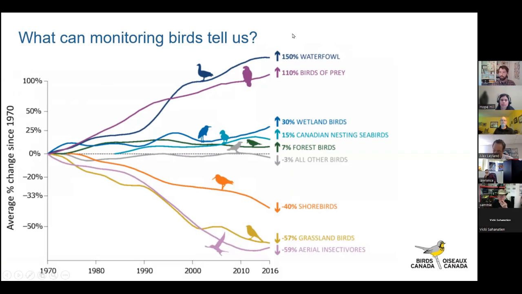So ducks and geese are generally doing quite well population-wise. And other species, like birds in the grassland and shorebirds that are using places like Hudson Bay, are really declining. And so this can tell us about what species we might want to focus on protecting, or their habitats, and do further monitoring of.